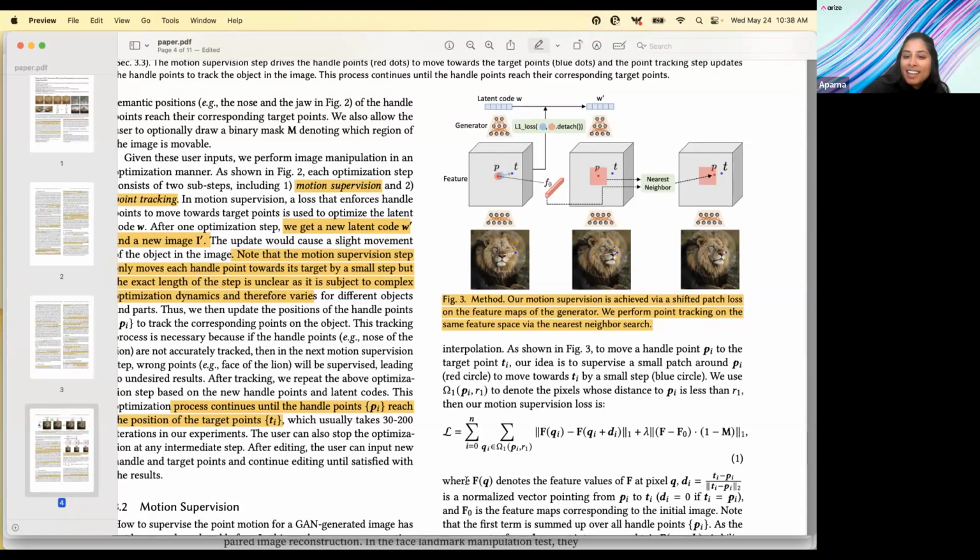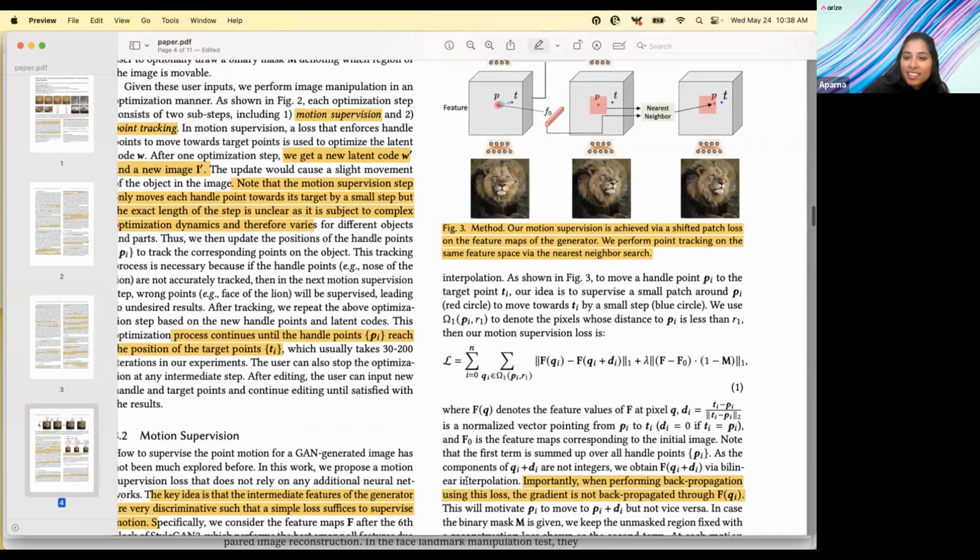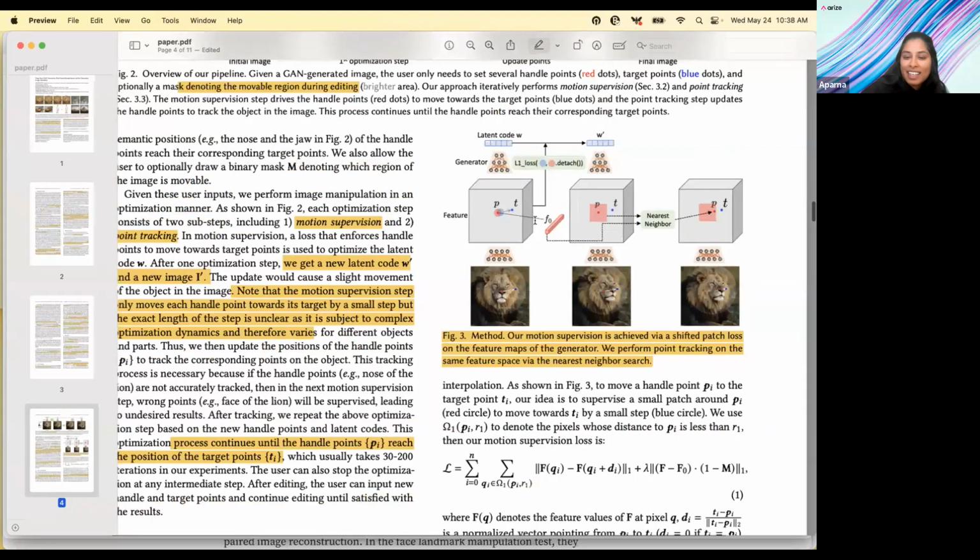I think the motion supervision loss is trying to optimize toward how close it is to T while still maintaining the discriminative abilities of the next point. That was my read of this loss function here. I don't know if that was yours too.